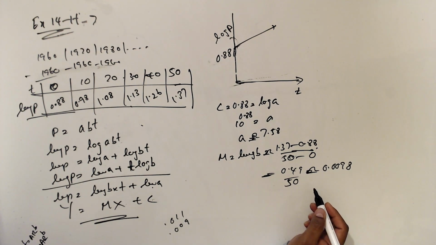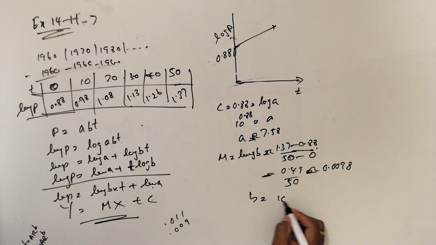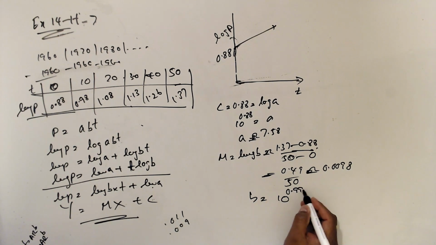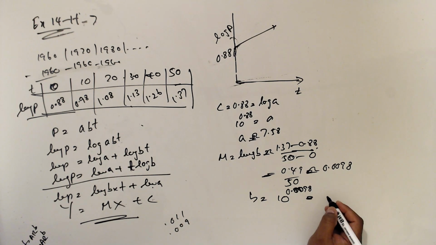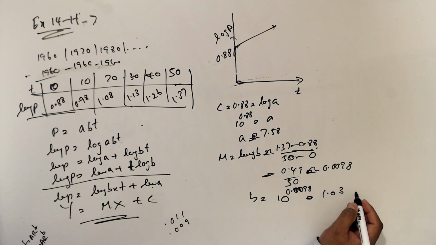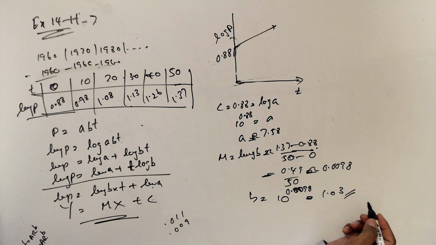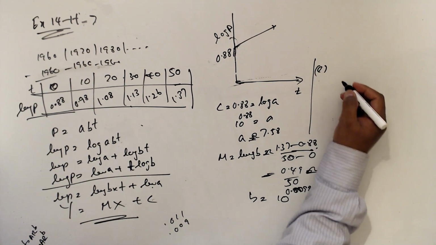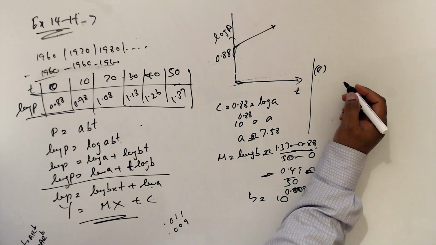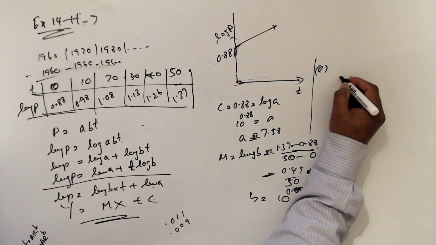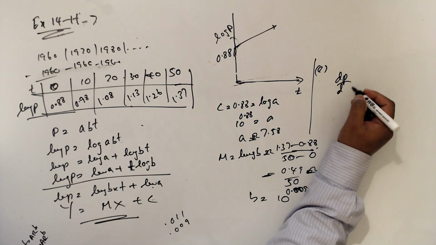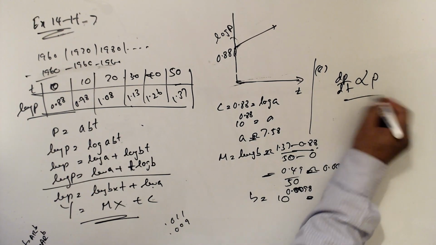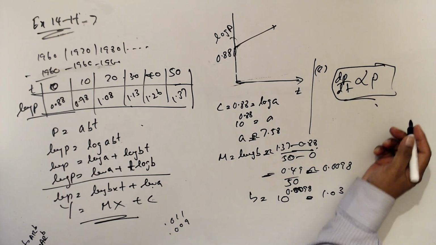And so b equals 10 to the power 0.0098. That is going to be 1.03 approximately. Part a: why is an exponential model often appropriate for a model in population growth? Because dp over dt is proportional to p.